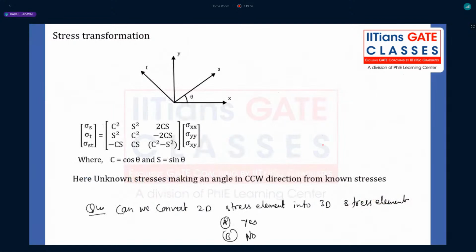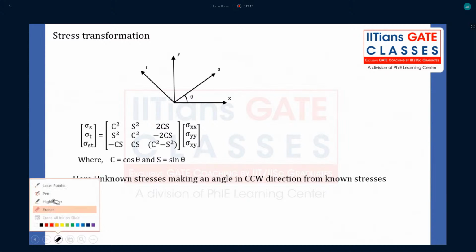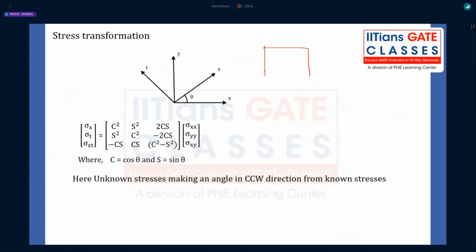Now, note down the stress transformations. Suppose we want to transform the axis. Suppose you have the plane stress condition like this, and you have been given sigma xx, sigma yy, sigma yy, sigma xx.